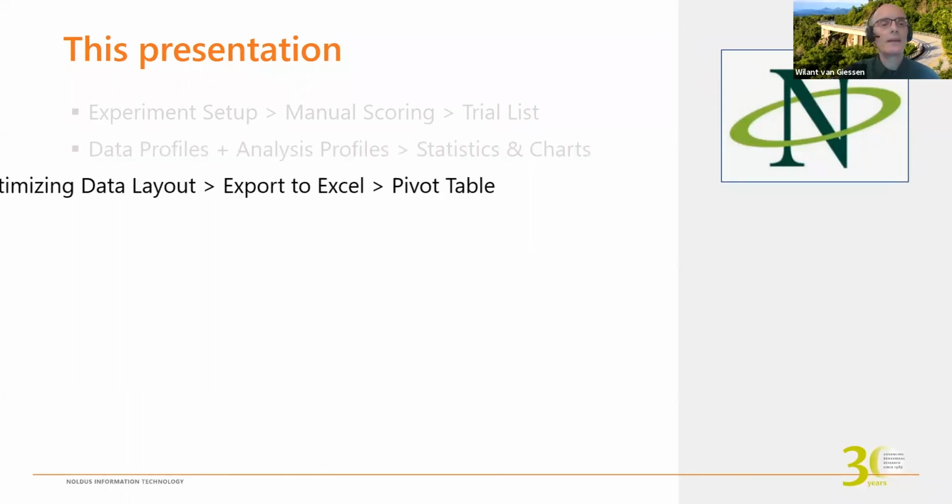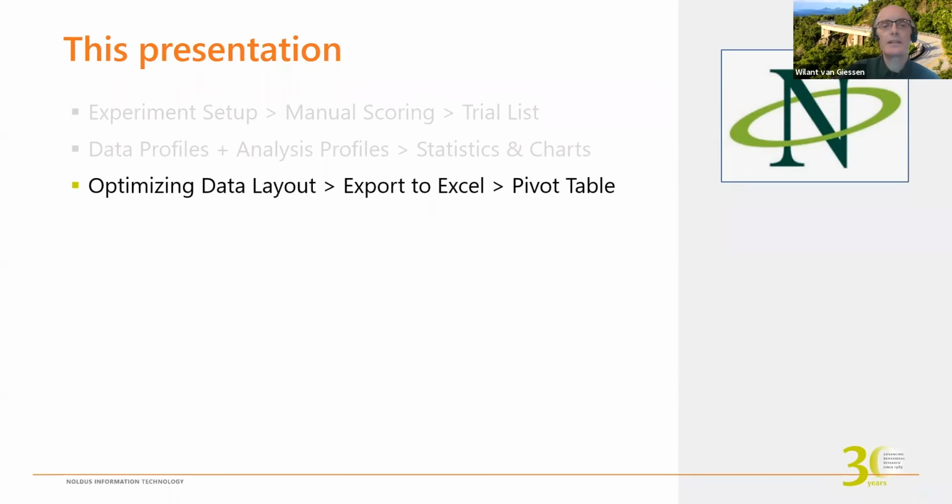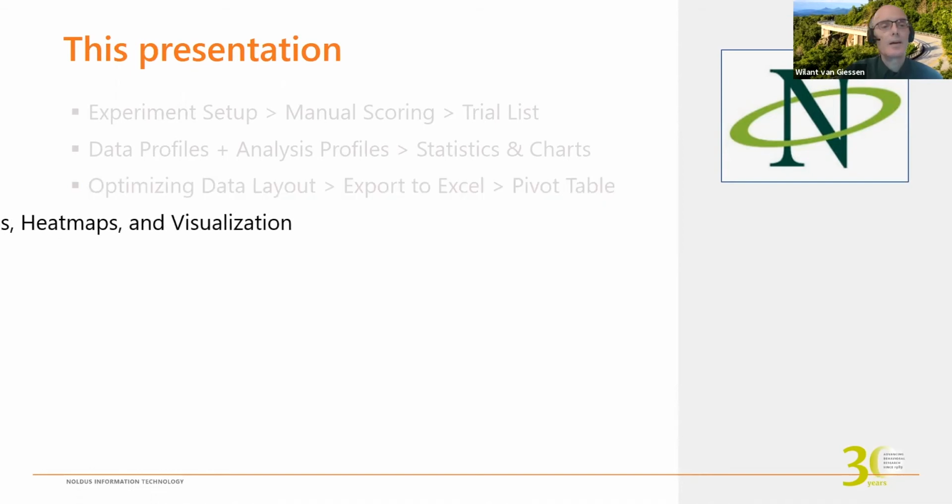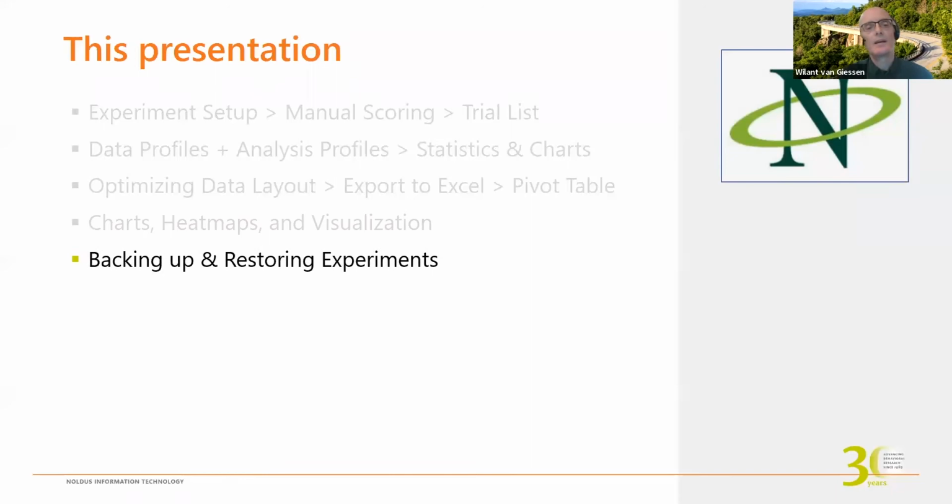And then obviously you need to optimize your data so you can export it potentially to Excel. And while you're there, you can make all kinds of interesting pivot tables. I'll show you some of that. I've had people more happy with pivot table info than with the whole EthoVision training in the past. Then we'll address the charts, the always popular heat maps, and the visualization of your data.